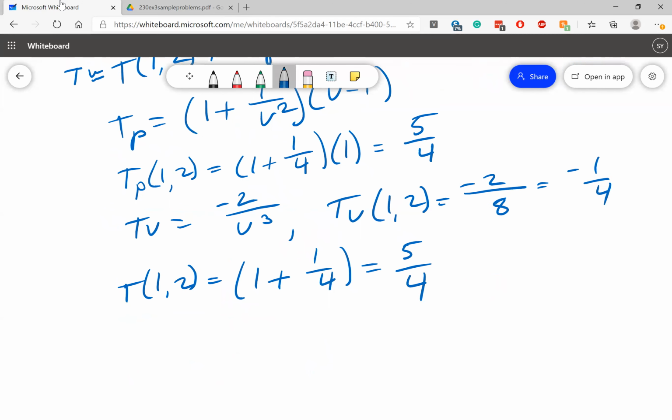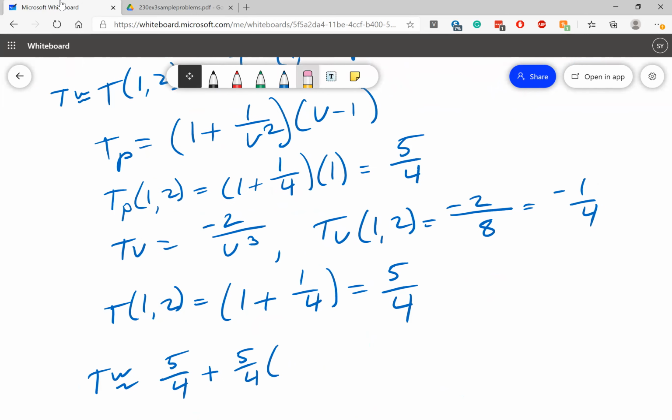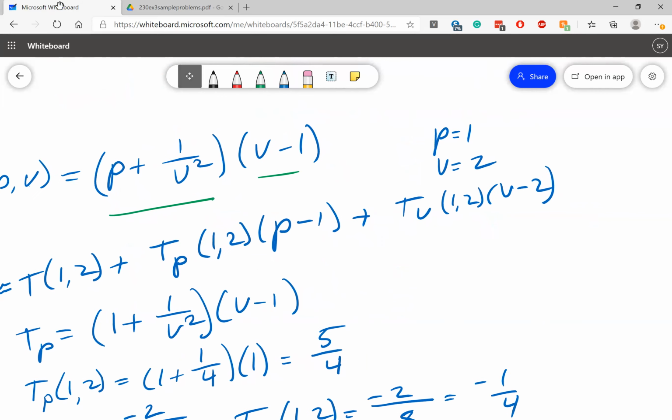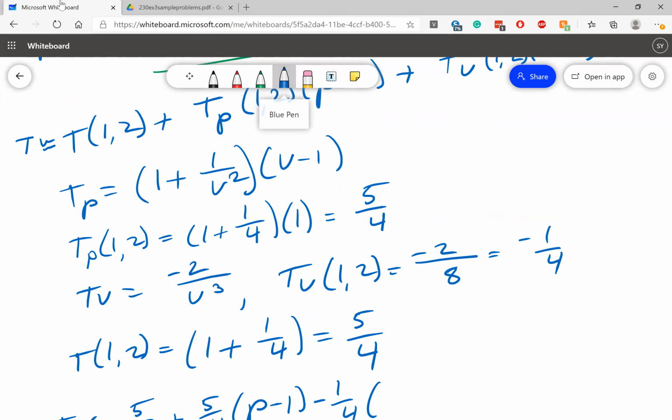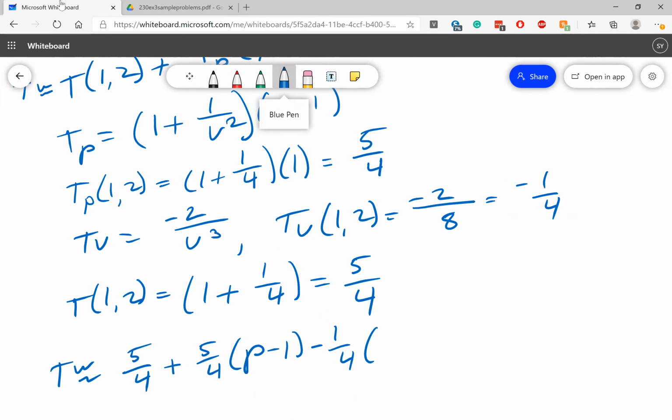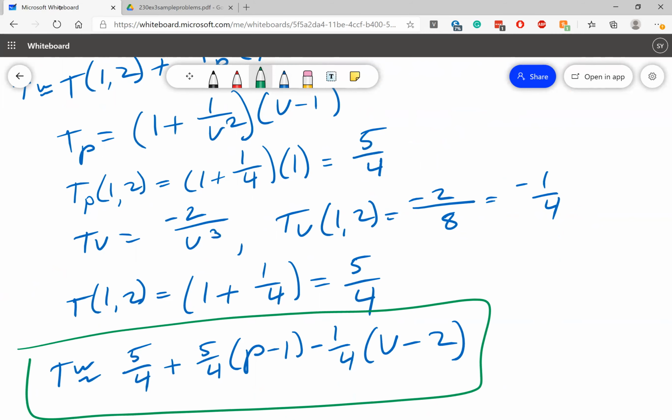So now the linear approximation of T, so T can be approximated linearly by 5 over 4 plus 5 over 4 times (P − 1) minus 1 over 4 times (V − 2). Okay, so this would be our linear approximation.